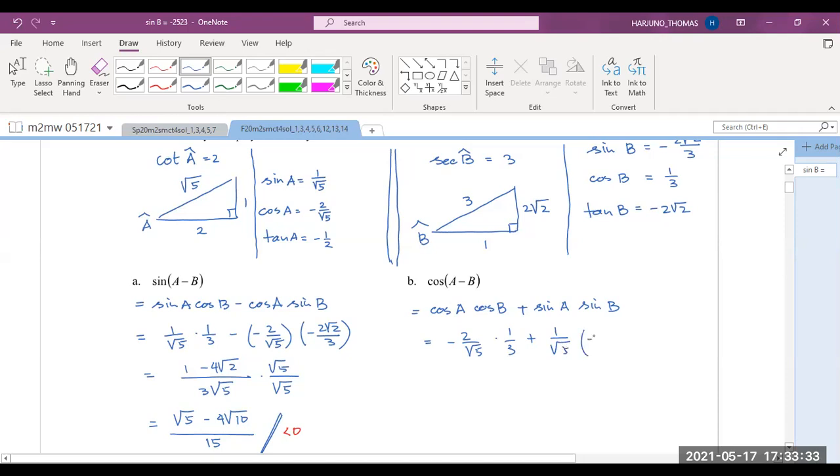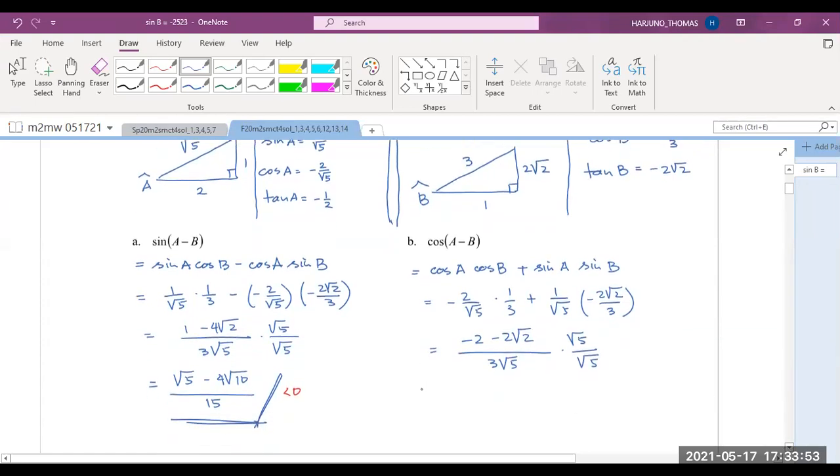Sine B is negative 2 radical 2 over 3. So this will be negative 2 minus 2 radical 2 over 3 radical 5. Rationalize the denominator. We get negative 2 radical 5 minus 2 radical 10 over 15, which is also negative.